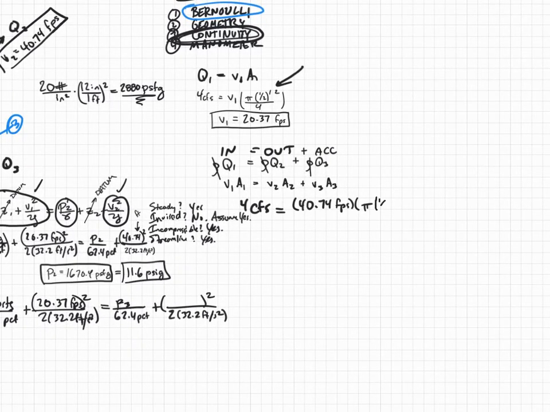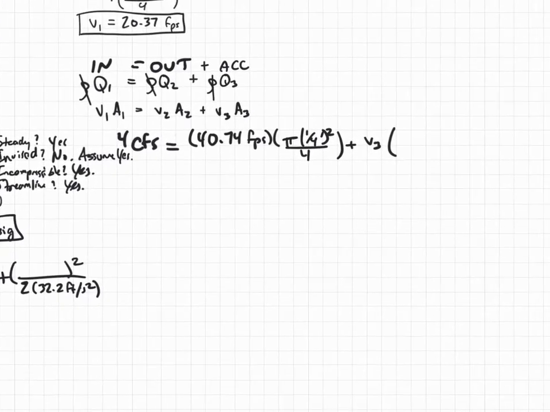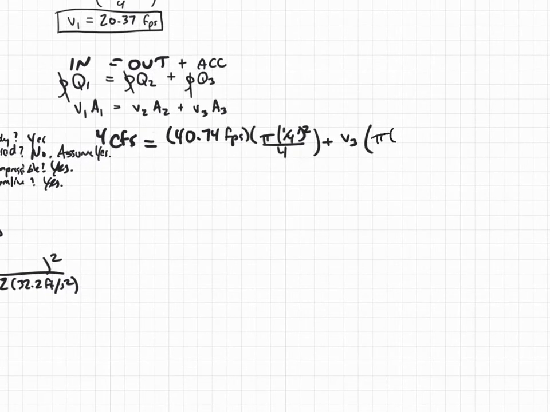So 3 inches is 1/4 of a foot, squared over 4. Okay, plus V3 times area 3. Area 3 is 1/3 of a foot because it's 4 inches. So pi times 1/3 foot squared over 4.